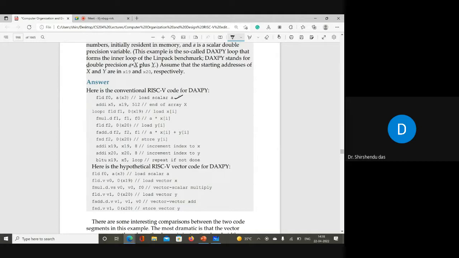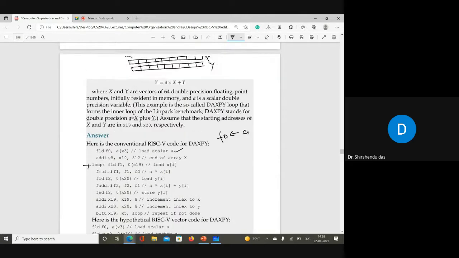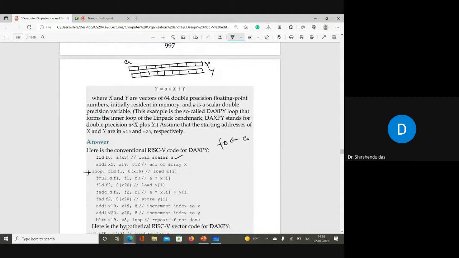So in the first line they are loading a and storing it in F0. Then the second line uses an index, just for the end of the array, just maintaining the index, which is not important. The loop starts from here. Because a is a scalar variable, it is already loaded and they will load it only once.